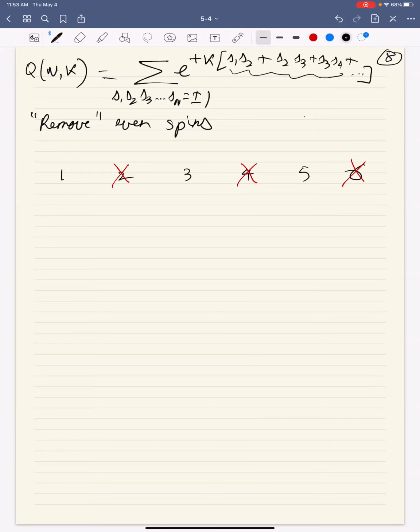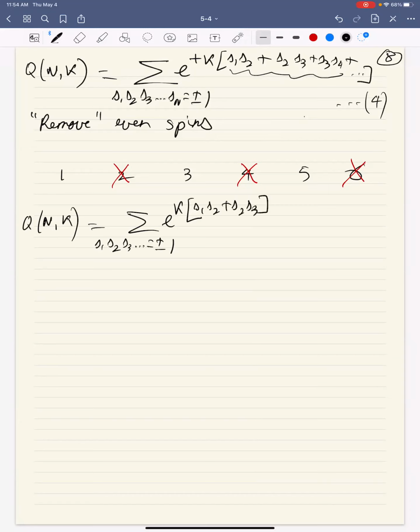In order to do this, I'm going to look at this equation, which I'm going to call equation number 4, and write it in a slightly different manner. I'm going to write it as the sum over S1, S2, S3 equal to plus or minus 1 of e to the power K(S1 S2 + S2 S3) multiplied by e to the power K(S3 S4 + S4 S5) multiplied by e to the power K(S5 S6 + S6 S7).